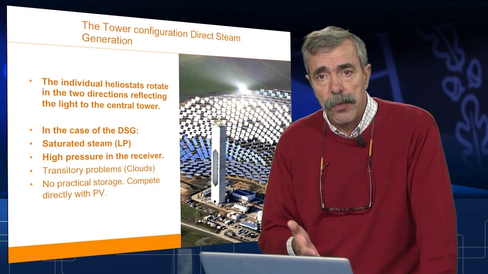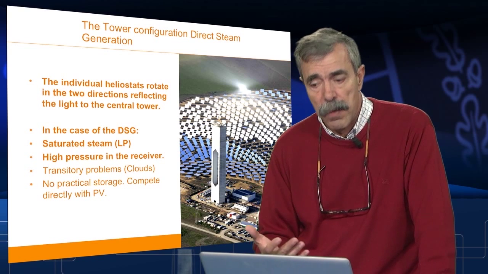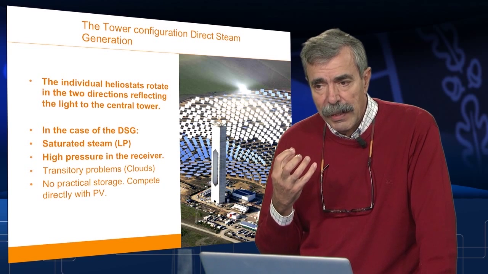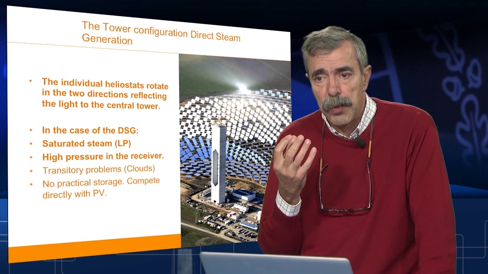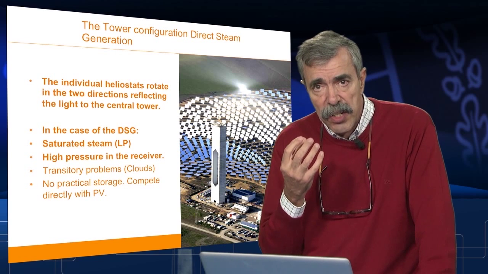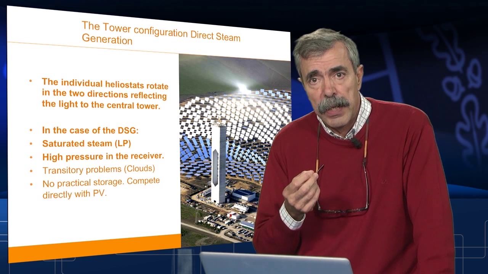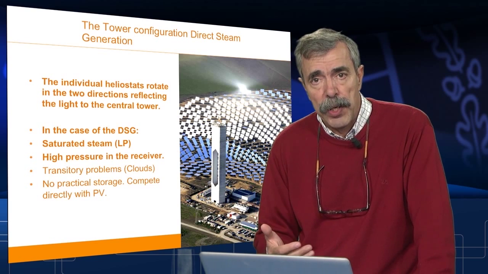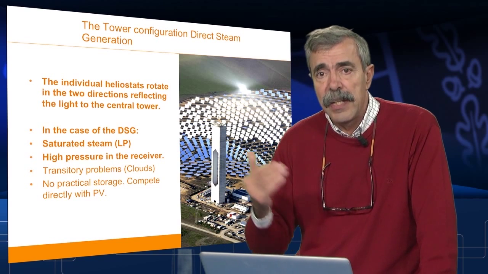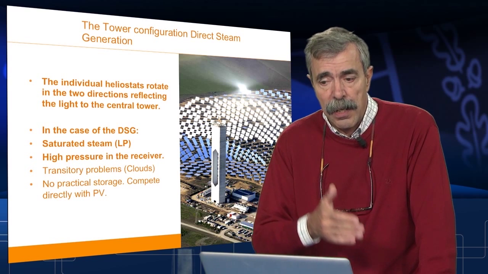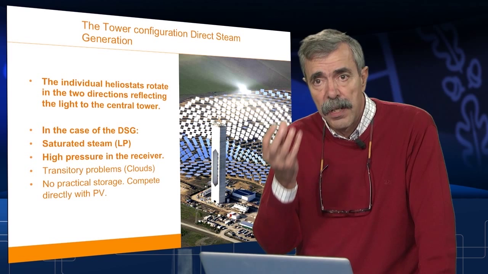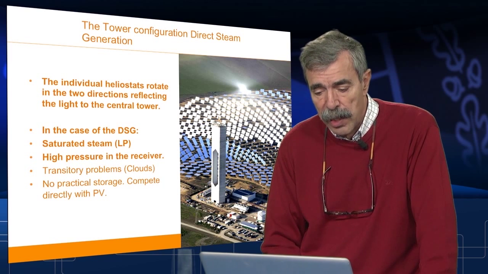Steam at high temperature means high pressure steam. So you have to have a receiver which is able to withstand the changes in temperature as well as very high internal pressure. And this adds complexity and provides problems of cracks and things like that on the receiver itself.